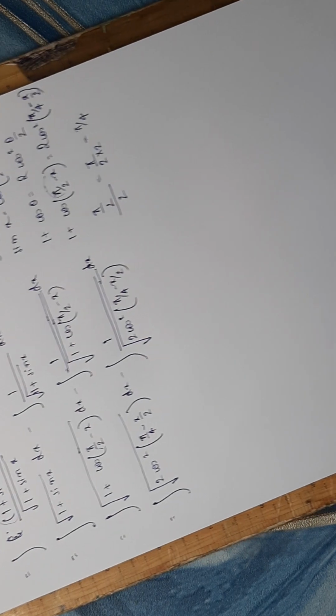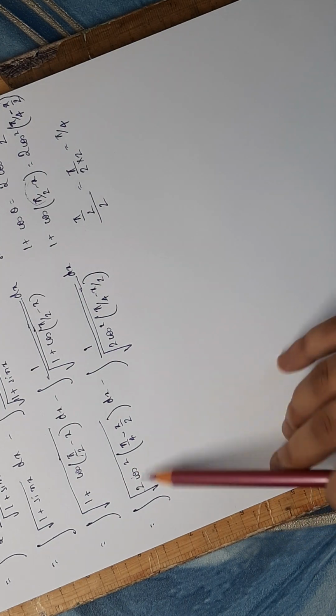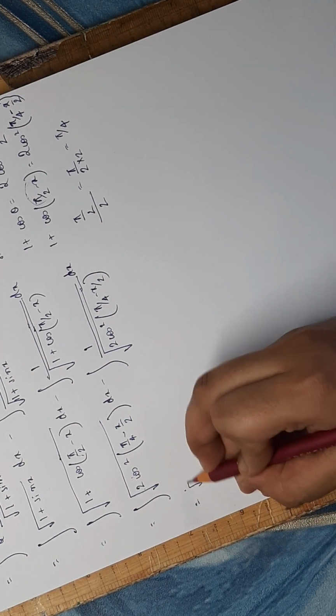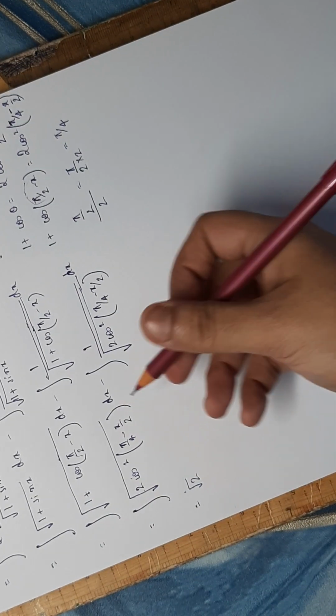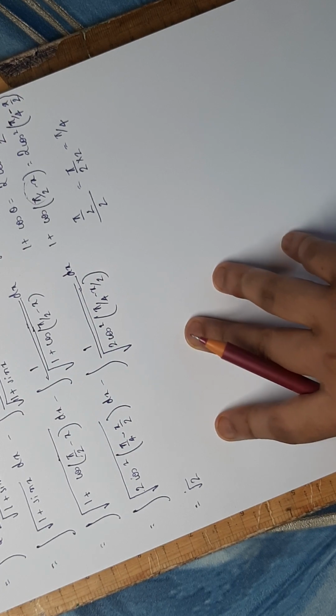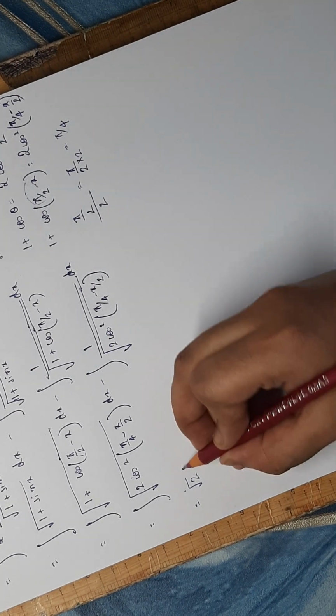Well, next we will be taking this root 2 out. So bring this root 2 out, and the cos square part, when you bring it outside of the root, what will happen?